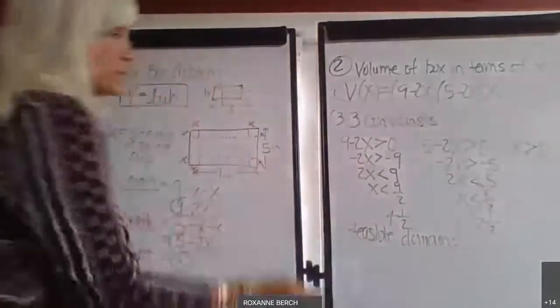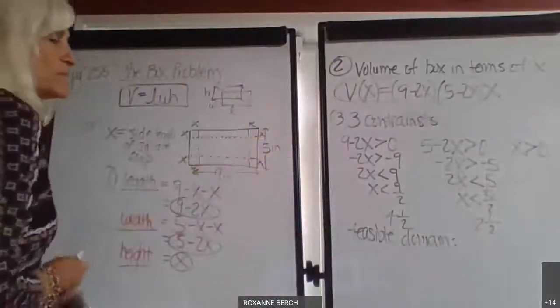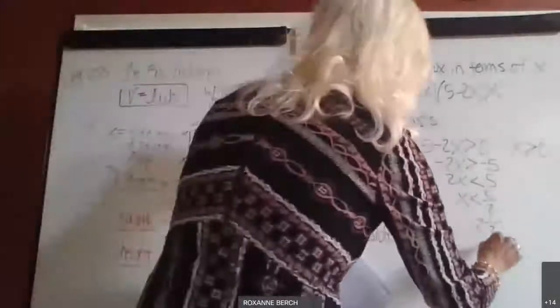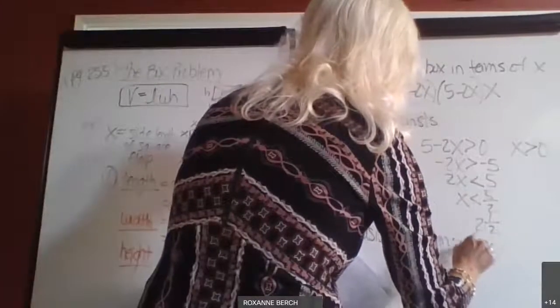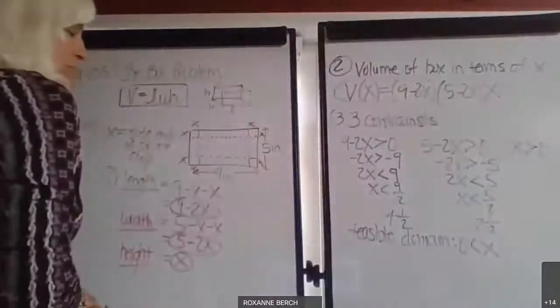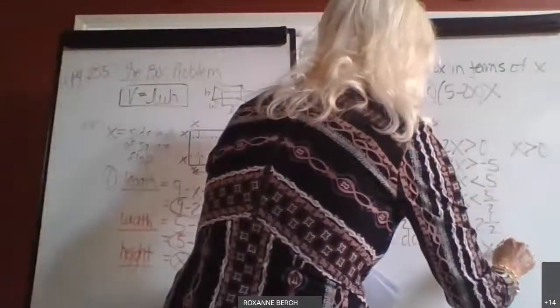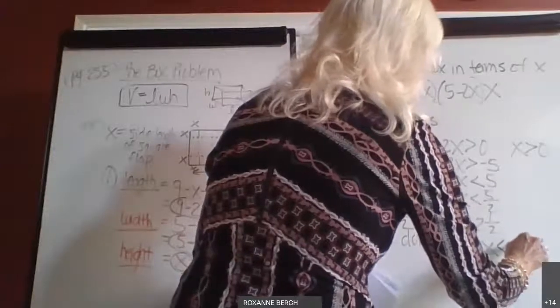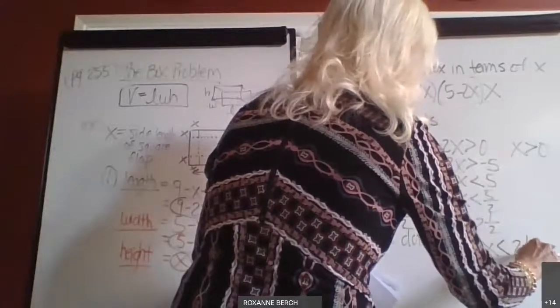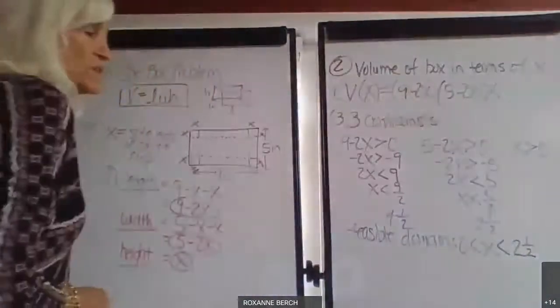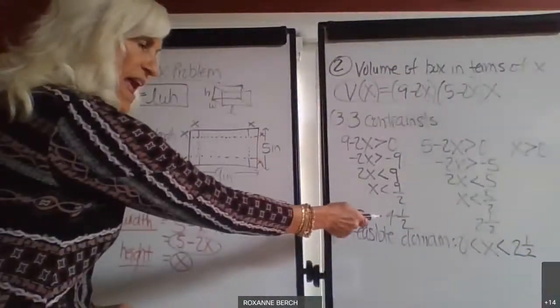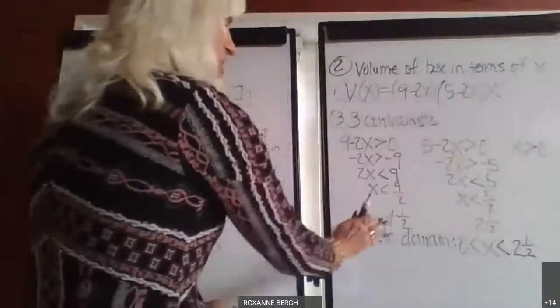So what we're going to do is look at all three of those and go, okay, hold on. X has to be greater than 0, and it has to be less than 2.5. So it can't be less than 4.5, because that condition couldn't be met.